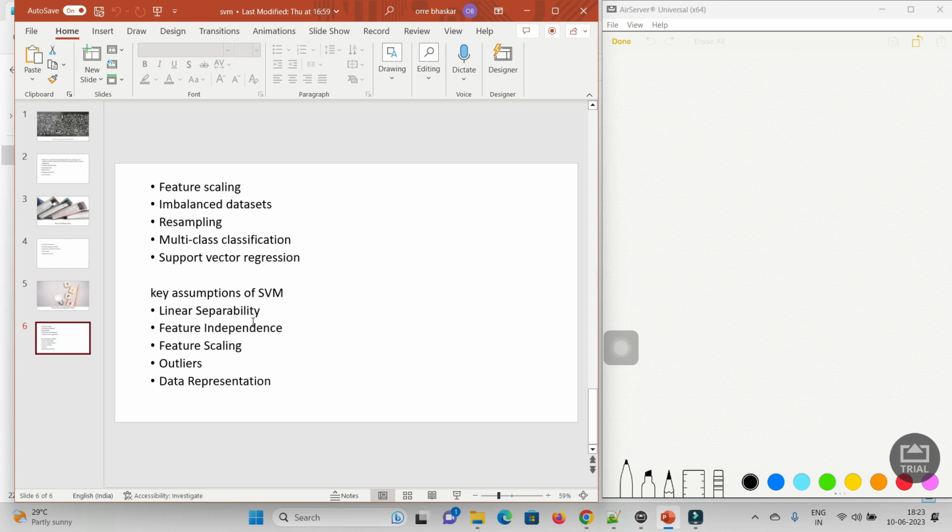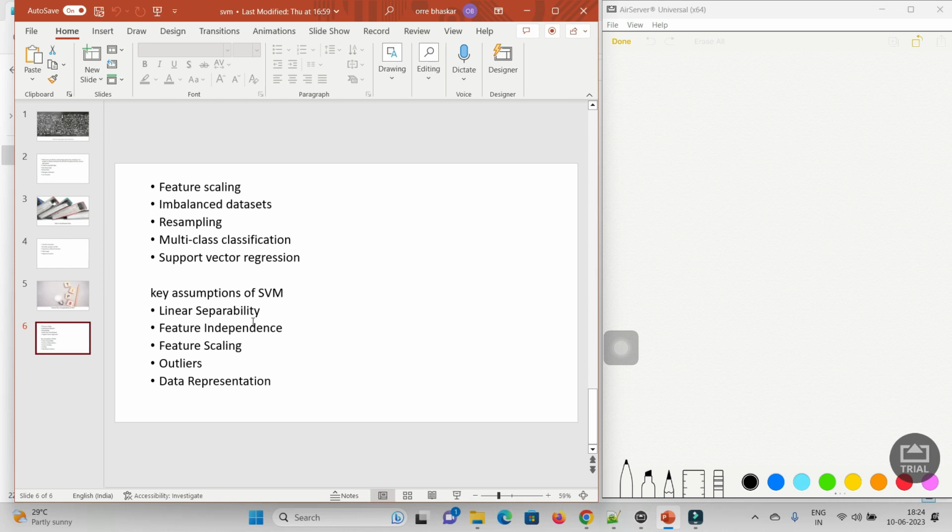When working with SVM, it's crucial to pay attention to practical aspects. For example, feature scaling ensures that all features contribute equally to the model's decision-making process.